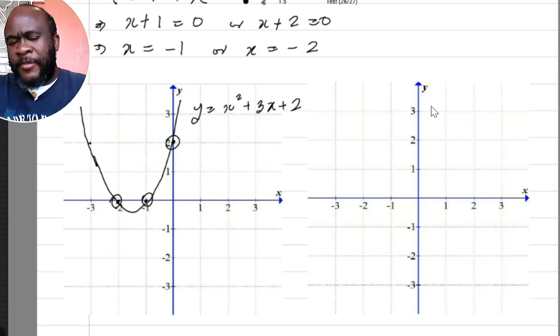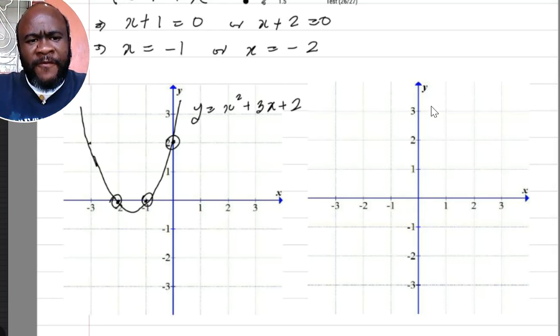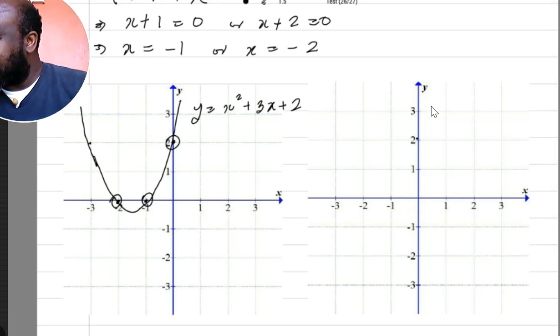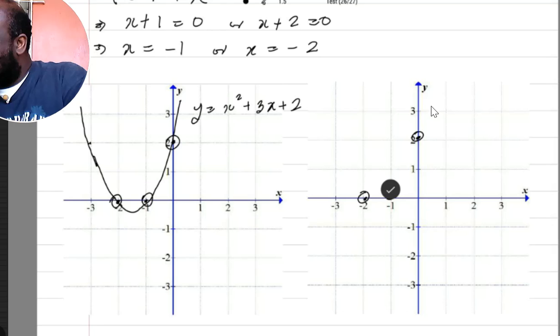All right. Now to obtain the graph of the mod of x squared plus 3x plus 2, all I need to do is to reflect the section of the graph that is below the x-axis. So the intercepts will remain the same. And the section of the graph above the x-axis will also remain the same.